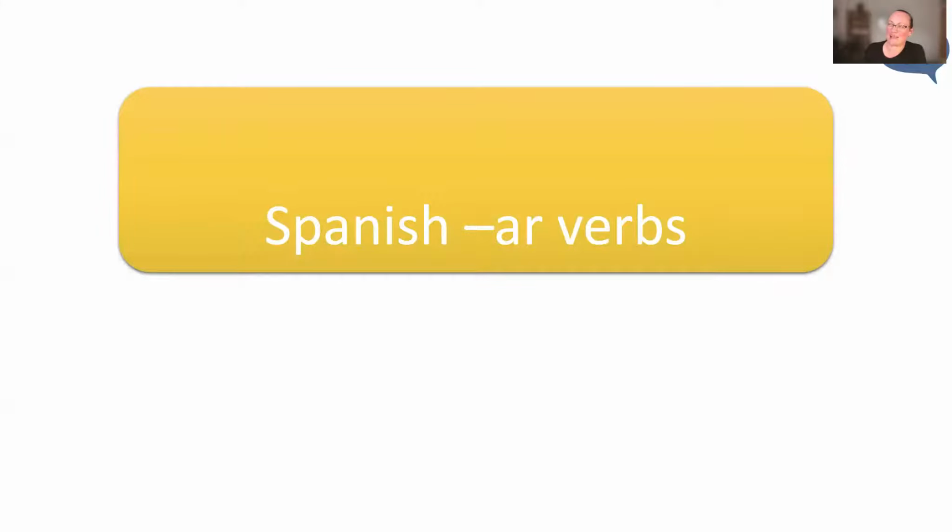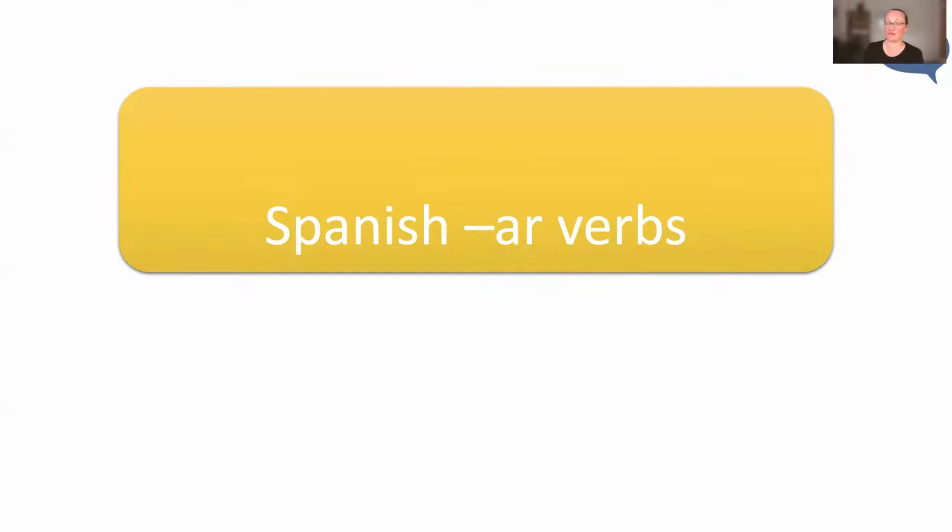And we're just going to be looking at how to conjugate them in the present tense. So in Spanish, we have three different types of verbs. We have AR verbs, IR verbs, and ER verbs. The AR ones are the most common ones, I would say. We're going to be just looking at completely regular AR verbs today.